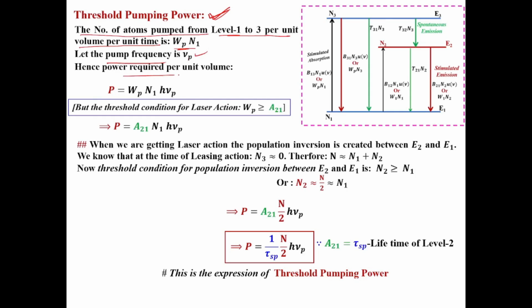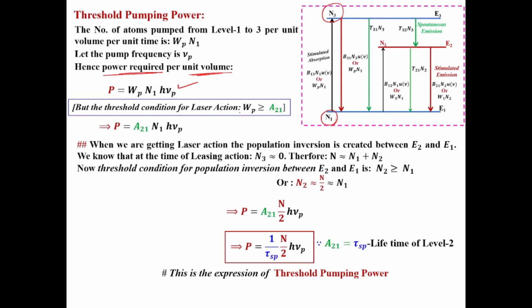Hence the power required per unit volume will be the rate equation into energy, considering this frequency: WP into N1 into hνP. So this is the power required per unit volume to pump the atoms from level 1 to level 3 per unit time, right?